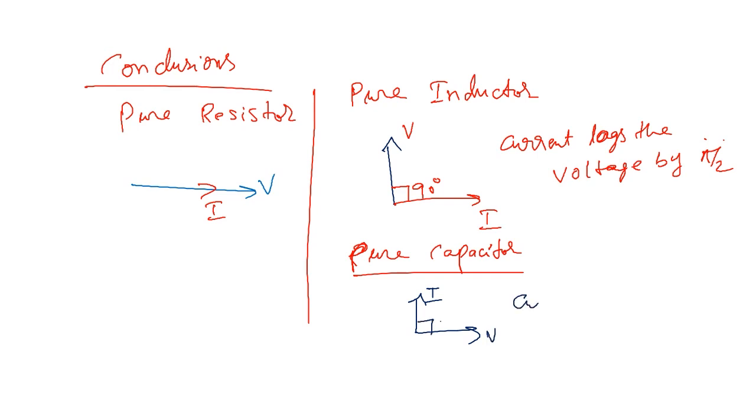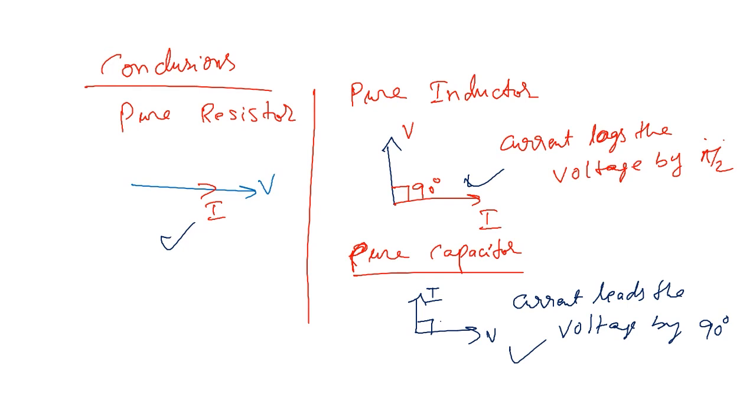So the current is leading the voltage by 90 degrees. These are the three conclusions you should remember. These are three very important points to remember for a pure resistor, inductor, and capacitor.